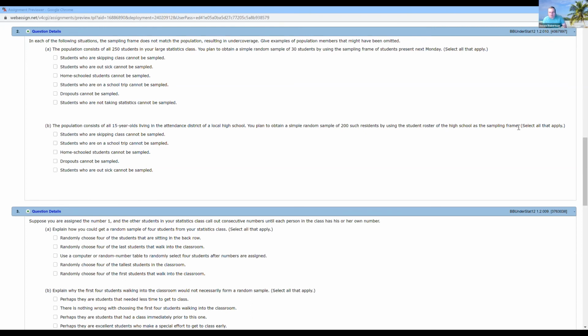Now, a sampling frame is the name you give to the people you're going to get your sample from. The sampling frame should be, if you can possibly make it, the same thing as the population, but sometimes it's not. If you look at the high school roster, for instance, homeschool students will not be on that roster because they're not in the high school.